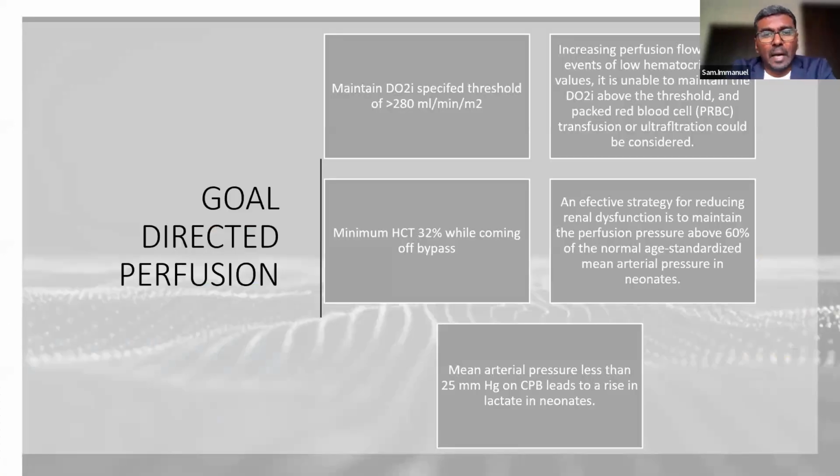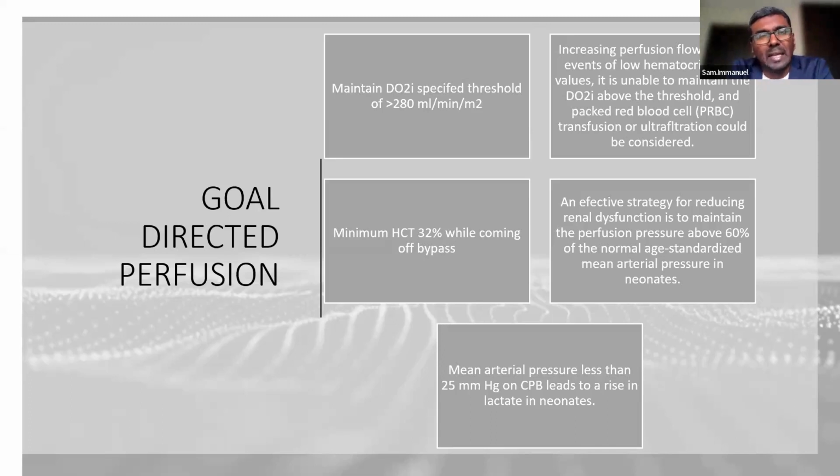As I want to wind up, I would like to say that goal-directed perfusion is the current update involving all the topics which we spoke about, starting from neurological monitoring to the regional protection of all your organs, from liver, kidney, and lung. All those things are totally interconnected, and it can be viewed through goal-directed perfusion. What does goal-directed perfusion emphasize?